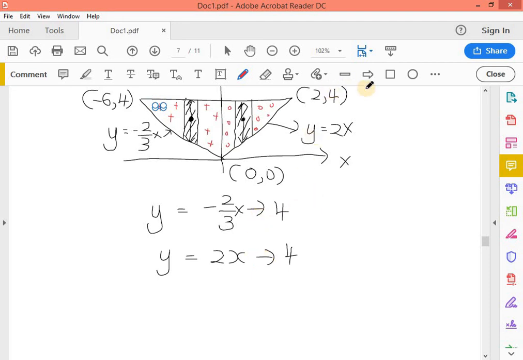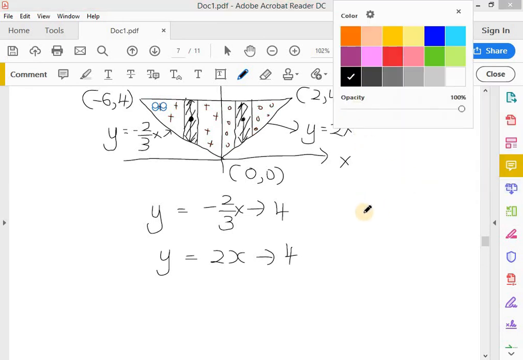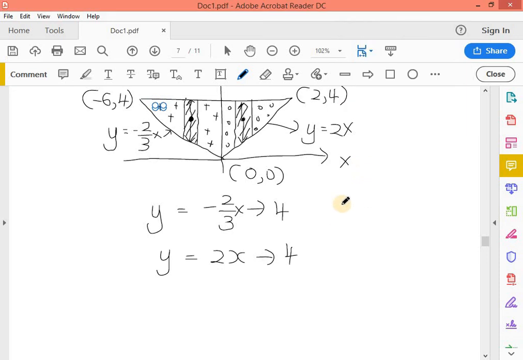Okay, so for this case, what will happen to my x? I refer to this region. What will happen to my x value when I move to the minimum point?